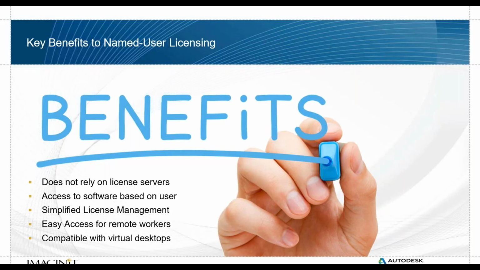It's going to provide companies simplified license management, and it's going to promote remote workers, and that is something we're all thinking about these days. Now, a named user environment is also compatible with virtual desktops and can be installed on up to 3 devices. So for example, it can be installed on a home, office, or mobile device.